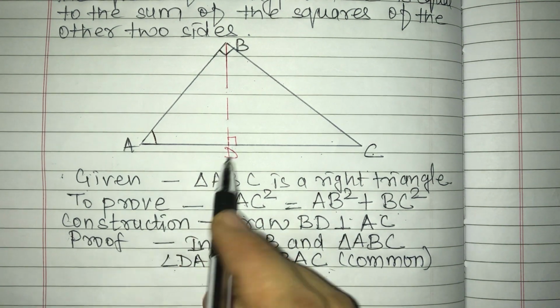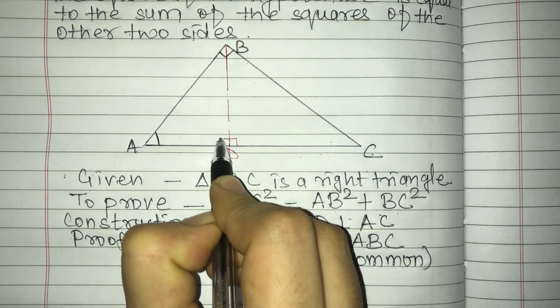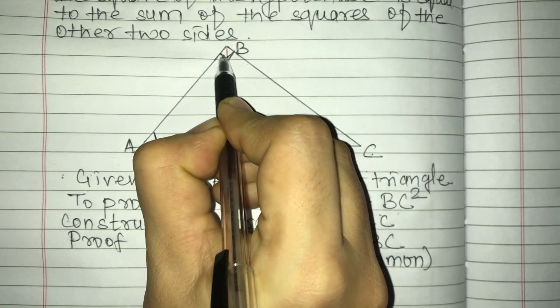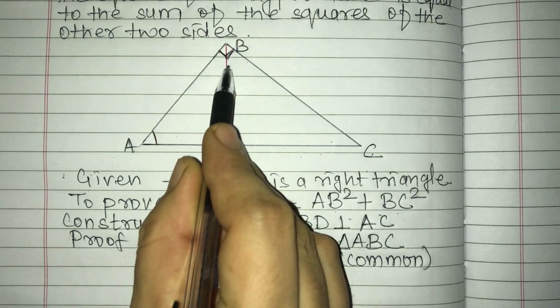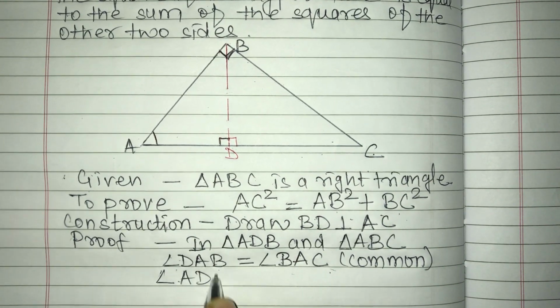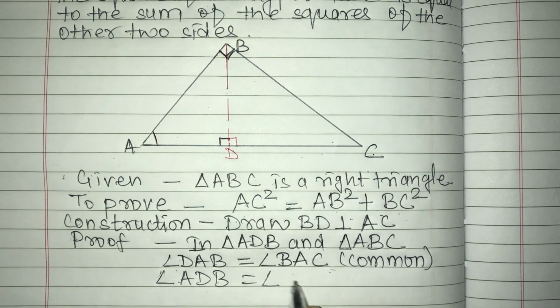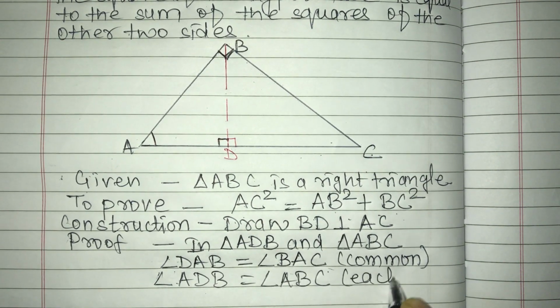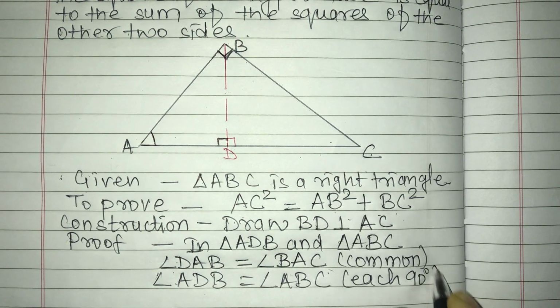And the second thing which we have is this angle ADB is equal to this angle ABC because both are of 90 degrees. So angle ADB is equal to angle ABC. Why? Because each angle is of 90 degrees.